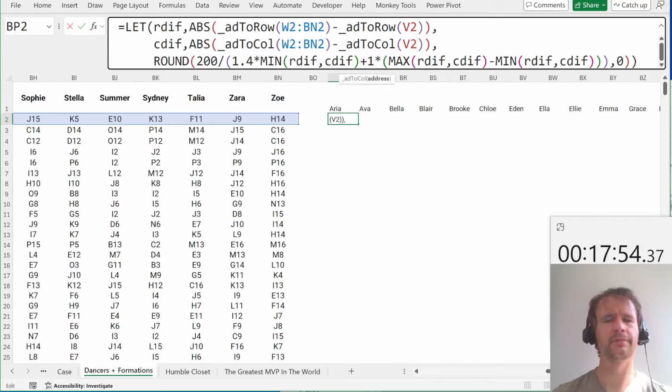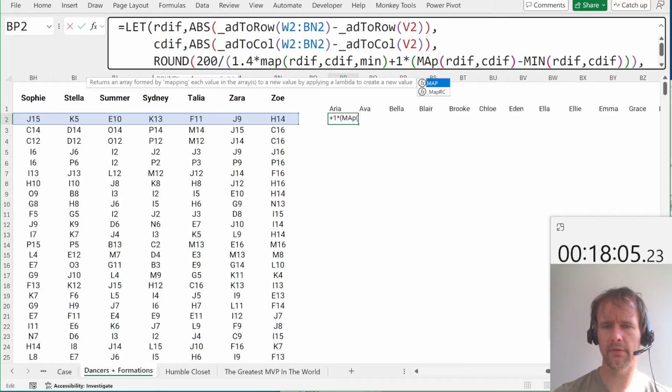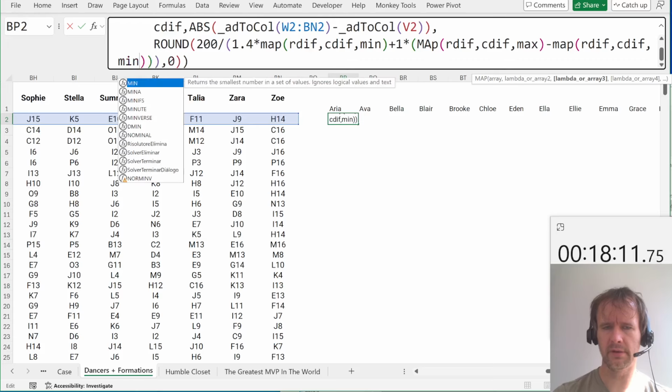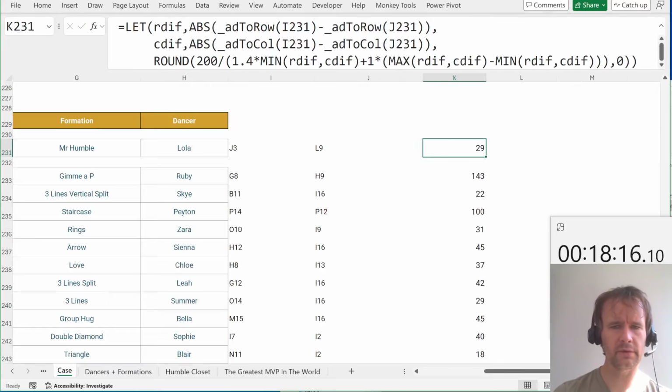But now I can't do max, but I can do map RDF cdiff min and map RDF cdiff max. I think that'll give me that, but what exactly am I calculating?